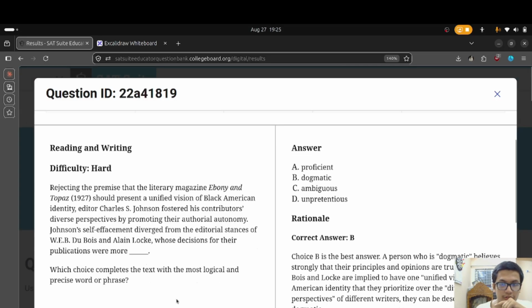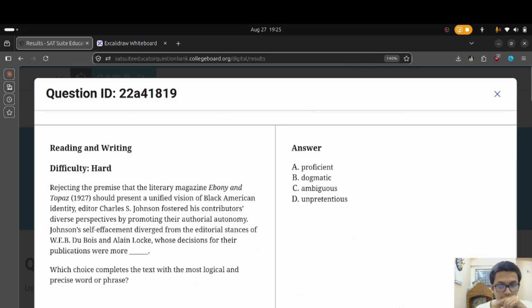Now the next question. Oh, I accidentally kept it open, but it's okay. We'll try to solve it. Rejecting the premise. Okay, let's try. Rejecting the premise that the literary magazine Fire!! and Opportunity should present a unified vision of Black America's identity, editor Charles S. Johnson fostered his contributors' diverse perspectives by promoting their authorial autonomy.